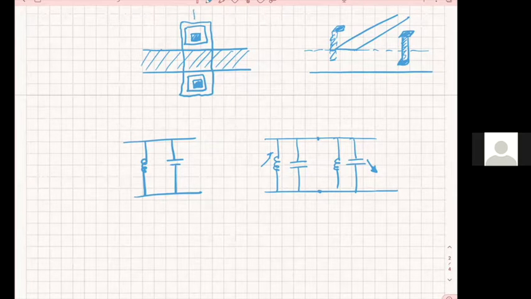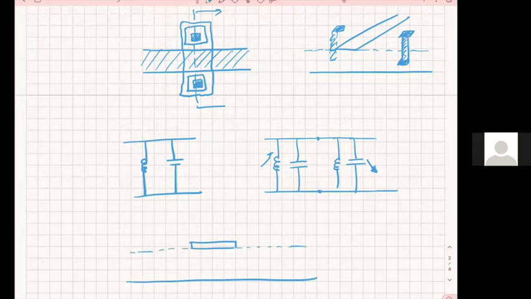So if I cut it here, and I show you that view, it's gonna be your microstrip. That's gonna be your via. All right, with a pad here, all small, so it does not matter really.